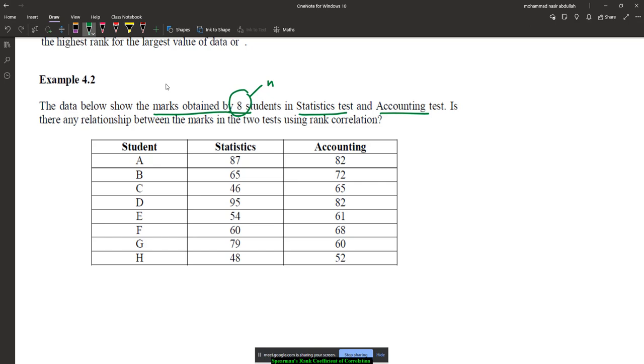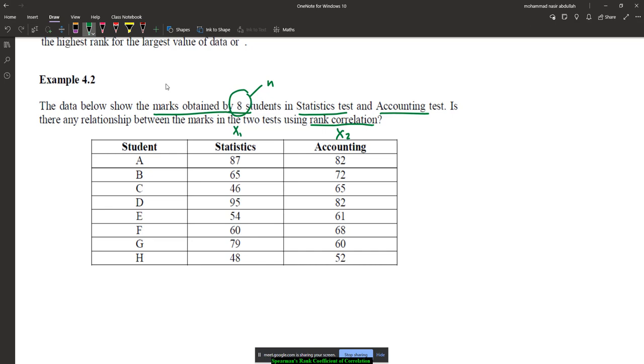We want to know whether there is any relationship between the marks in the two tests using rank correlation. In this case, we have quantitative data: x1 is accounting marks and x2 is statistics marks. These variables are quantitative variables.